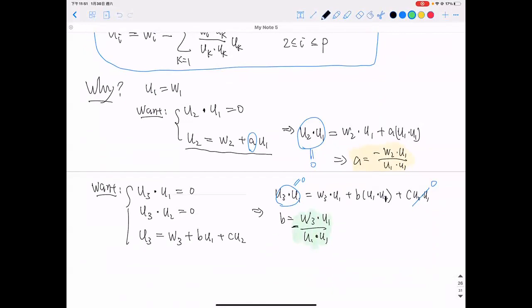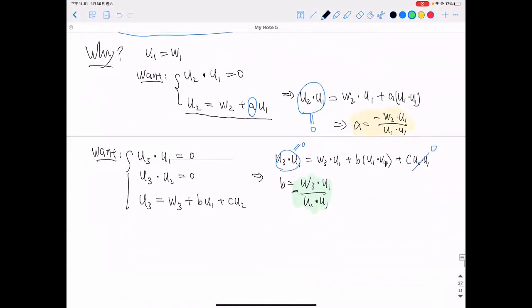Okay. And if we dot this expression with U2, we have U3 dot U2 equal to W3 dot U2 plus B U1 dot U2 plus C U2 dot U2. And again, we impose that U3 dot U2 equal 0, and U1 dot U2 is by construction 0.